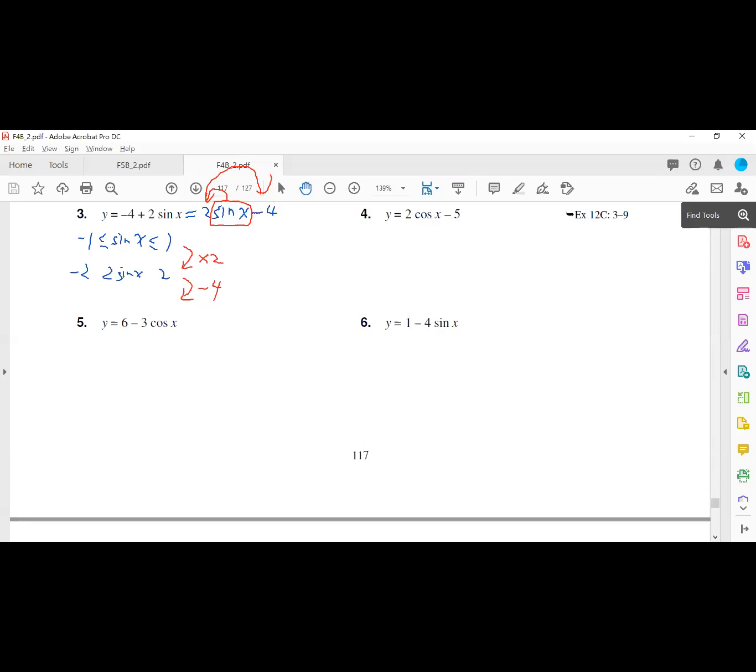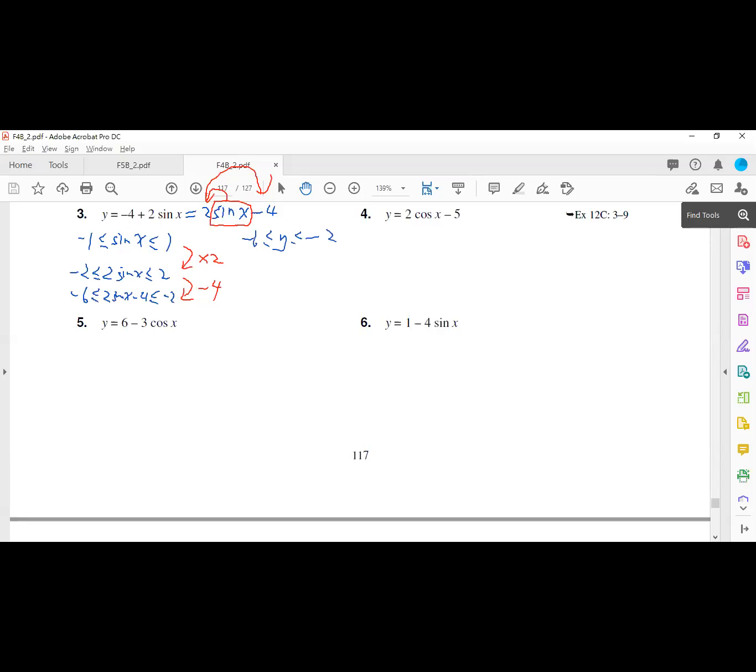Because 2 is a positive number, so we do not need to change the inequality sign. And then subtracted by 4 is -6, 2 sine x minus 4. 2 minus 4 is -2, and we do not need to change the inequality sign again, okay? And then this is y already. So it's -6 less than equal to y less than equal to -2.